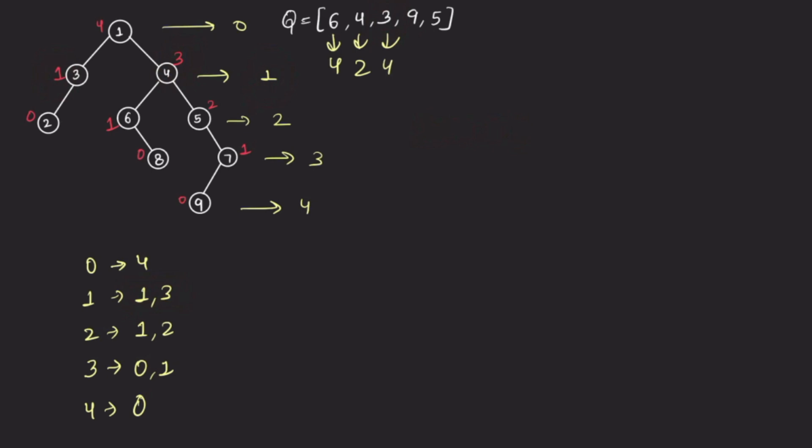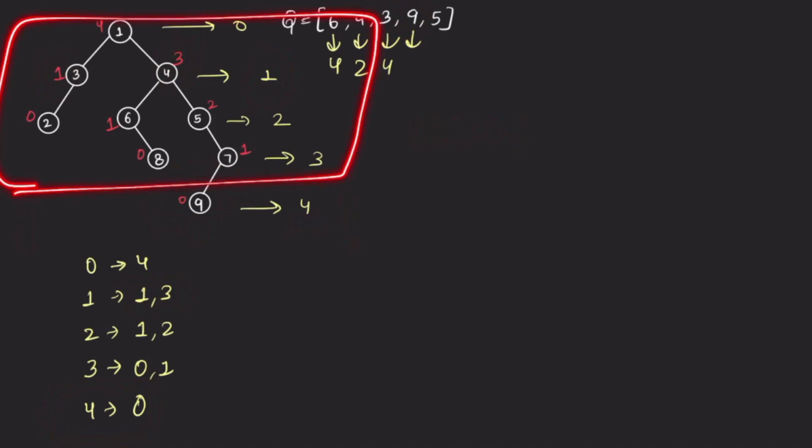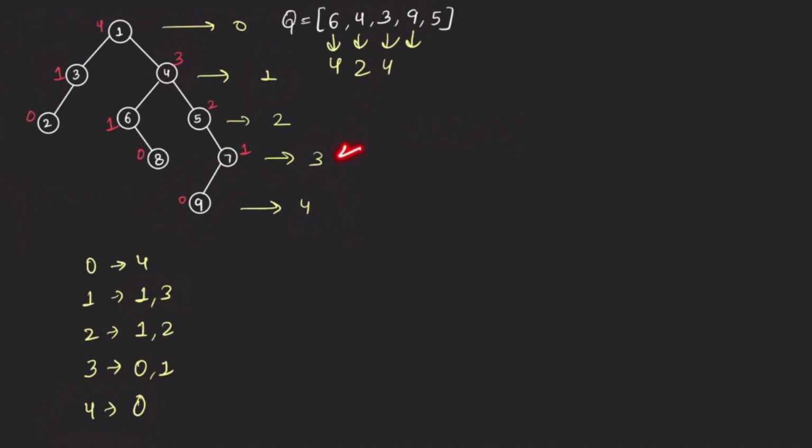Now when we check for node 9, it is present at level 4, and at level 4 we only have one node, which is node 9 itself, and this is what we are removing. When you remove this node, this entire level will be removed from the tree, because there was only one node in it. So only this much of the tree will be left, and the last level is level 3.